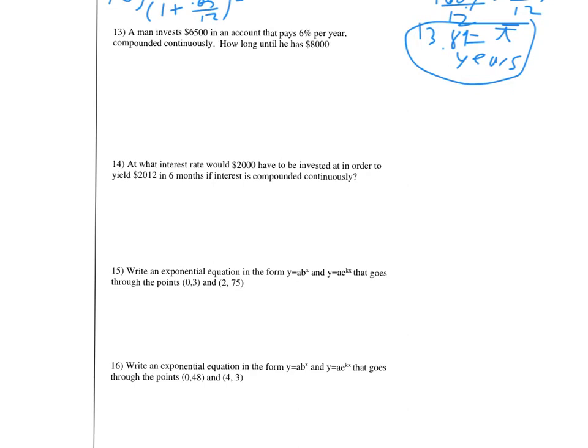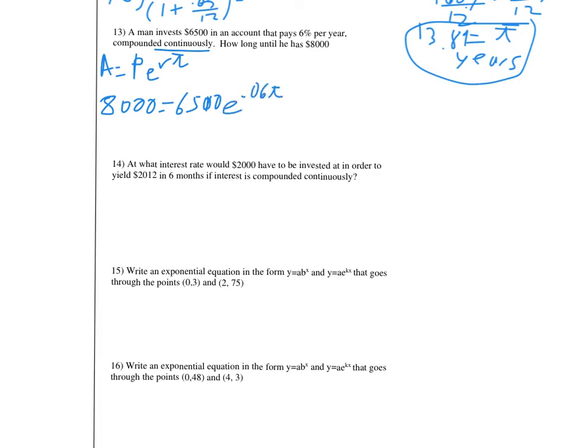All right, next up, we have the man invests $6,500 in an account that pays 6% per year. Now we're compounding continuously. So remember, that just means we're using A equals Pe^(rt) because there's no n value. And so we know he's going to end up with 8,000. He's going to start off with 6,500. And it's going to be e to the power of 0.06 times t.